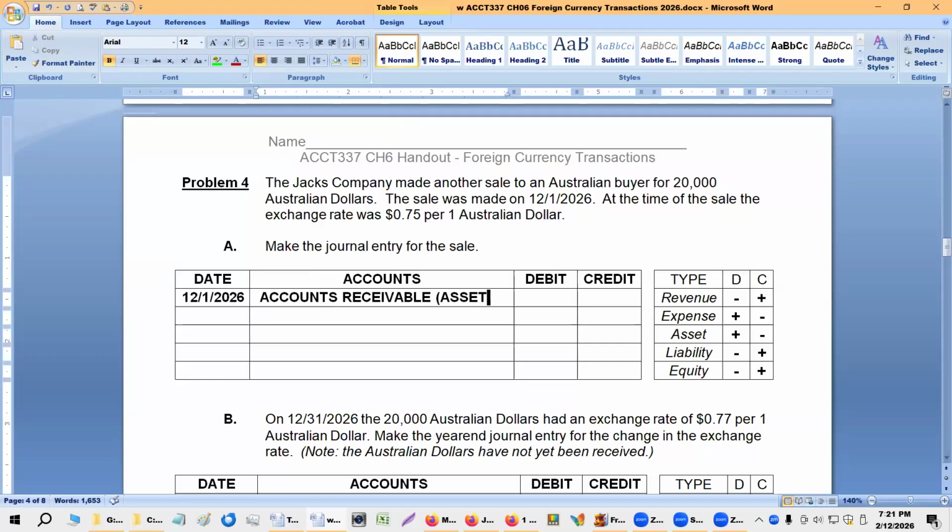By the way, you don't have to put in asset going up or whatever. I'm just doing it so you know how I can put a debit or credit. Sales and revenues are always credits, which is very comforting in these trying times.